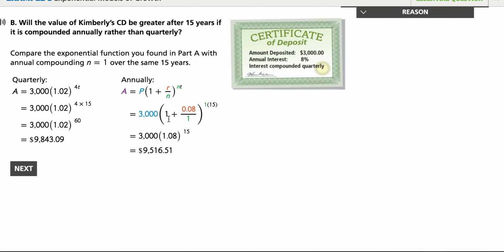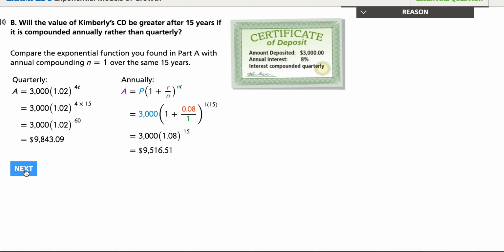Now, 3,000 times 1 plus 0.08, because it's 8%, over 1 because it's only 1 year. Now we're not calculating quarterly, only annually, to the power of n times 15. So 3,000 times 1.08 to the power of 15.